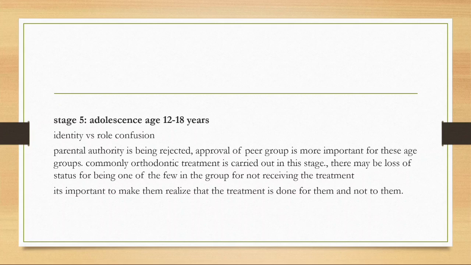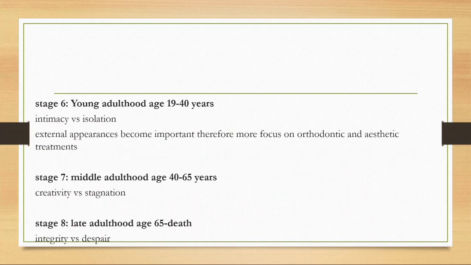There may be loss of status for being one of the few in the group not receiving the treatment, because they are very conscious and very much like being liked by the peer group. They are influenced by peer suggestions rather than parental ones, so they seek orthodontic or aesthetic treatments mostly through peer influence. So it's important to make them realize that the treatment is done for them and not to them.